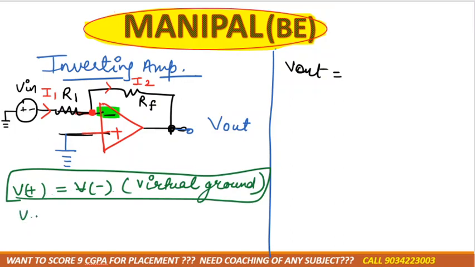Now you know that the positive terminal is grounded, and at the ground the potential is always equal to 0, right? So V positive is equal to 0. So at this point the voltage is 0, and at this point also the voltage is 0. Correct? So that means no current is entering into the negative terminal.